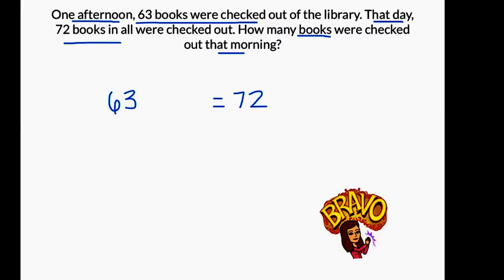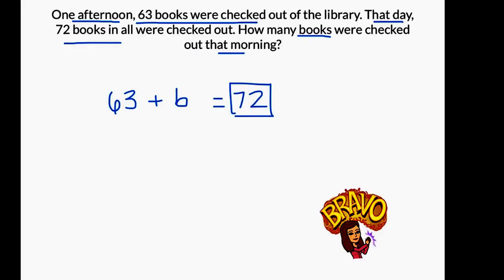So I know I'm going to be adding the afternoon and morning books to get a total of 72 books that day. So that means I'm adding, I'll do plus B for books, to get 63 plus some books equals 72 books checked out that day.